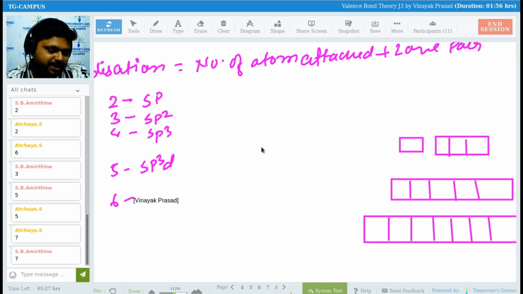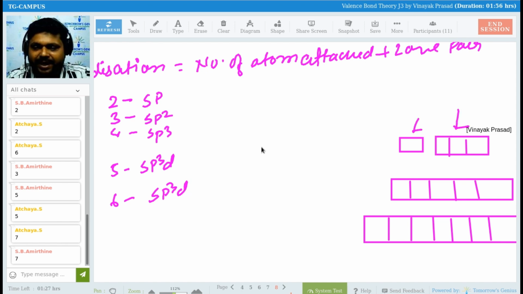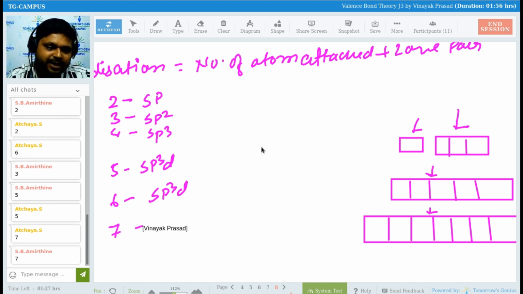If 6 atoms are there, what can we write for this? sp3d2: 1s, then 3p, 5d can be there, and 7f can be there. If 7 atoms are attached, then what can I write for this?